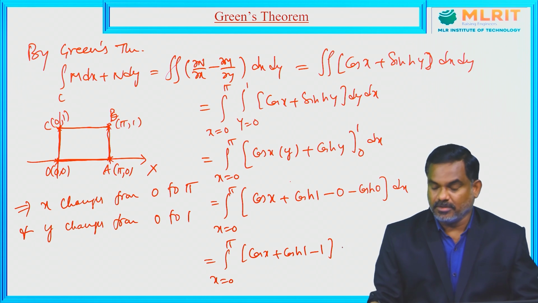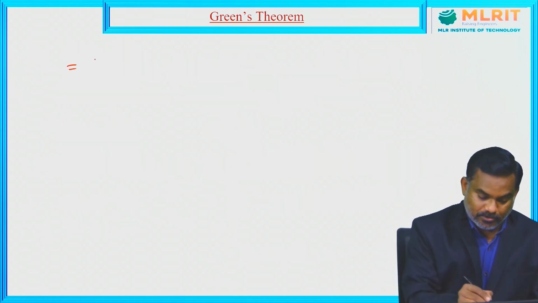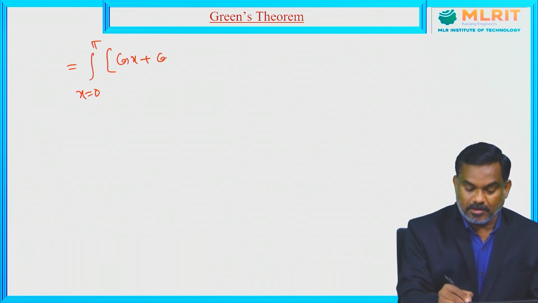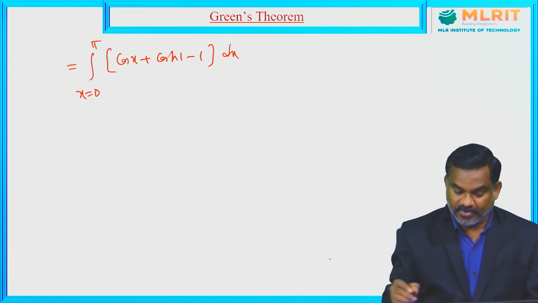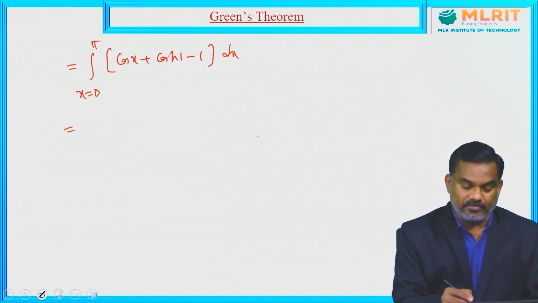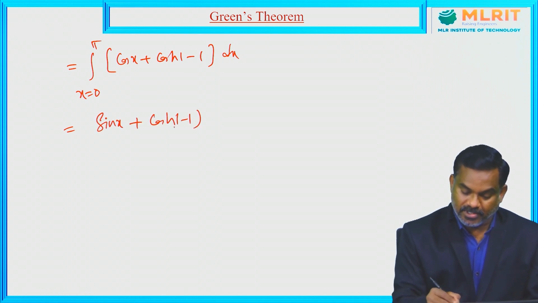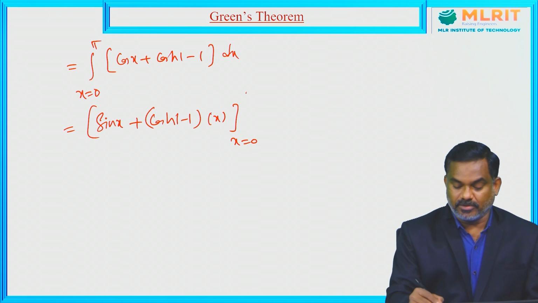Cosh 0 is 1. So the last integration is with respect to x, 0 to pi, of cos x plus cosh 1 minus 1, dx. Now integration with respect to x. The integral of cos x is sin x, plus cosh 1 minus 1 is a constant into x, the whole from x equal to 0 to pi.